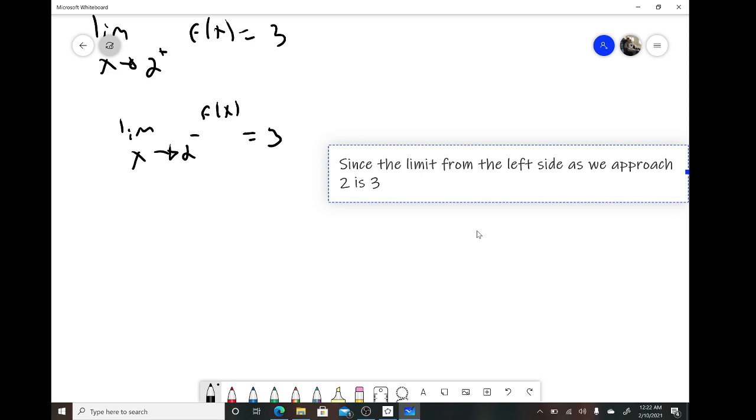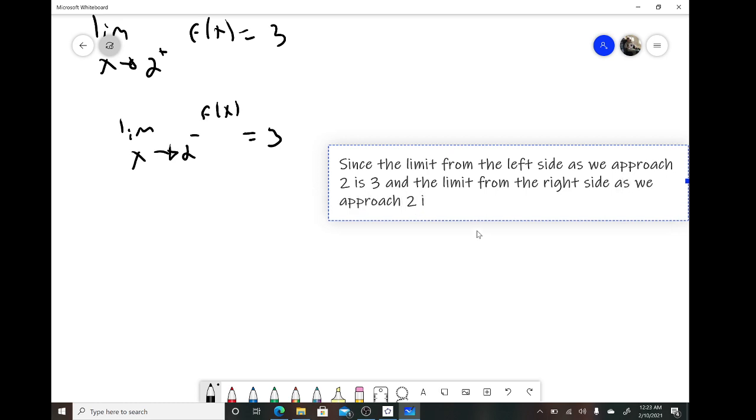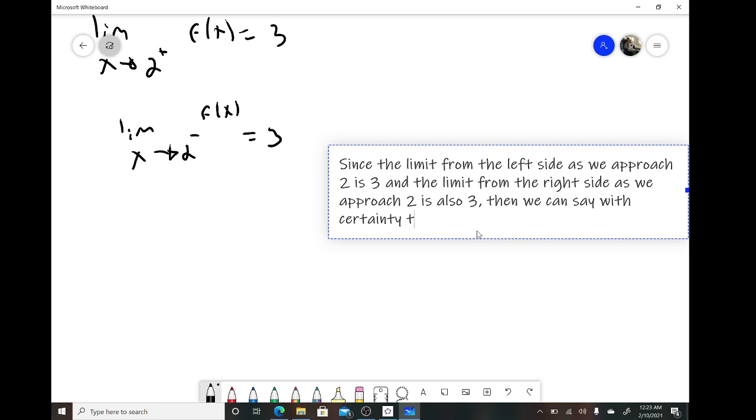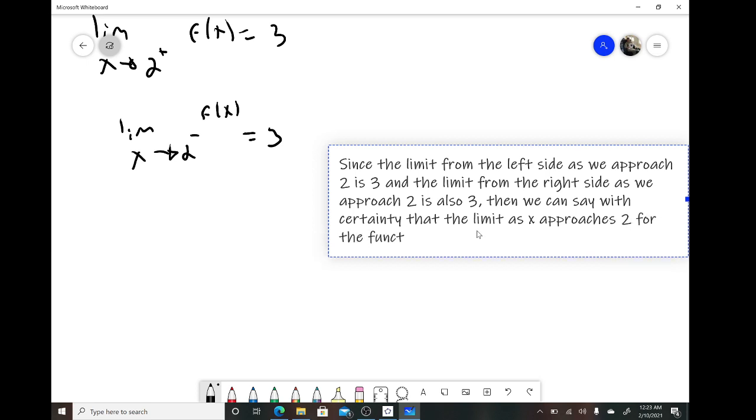2 is 3, and the limit from the right side as we approach 2 is also 3, then we can say with certainty that the limit as x approaches 2 for the function is 3.